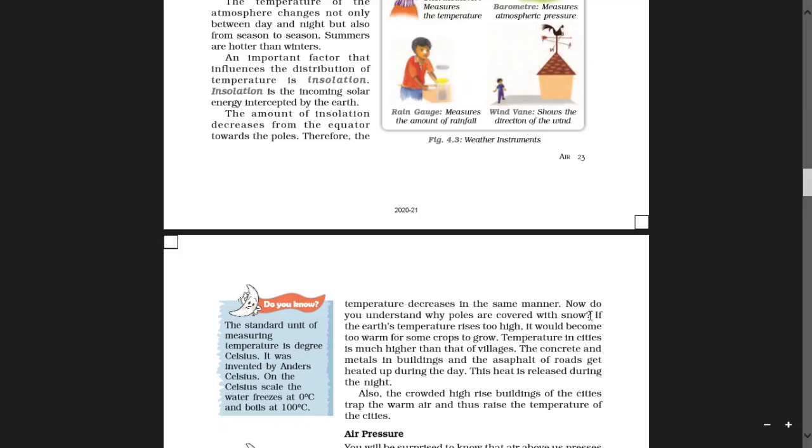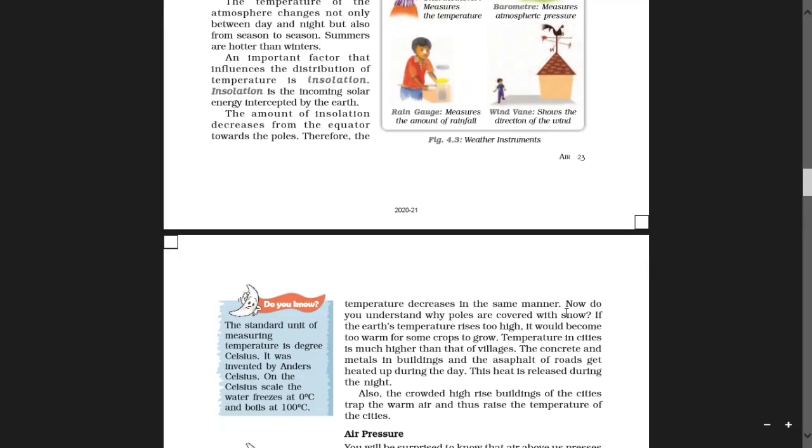As it has been mentioned, the amount of insolation decreases from the equator towards the poles, that means towards the North Pole or South Pole. There, insolation falls down, and that is why temperature decreases in the same way.